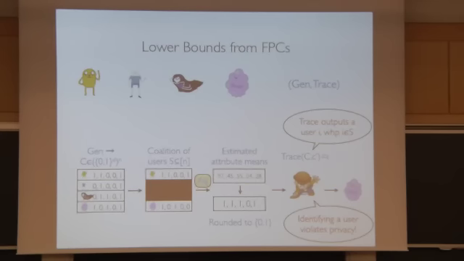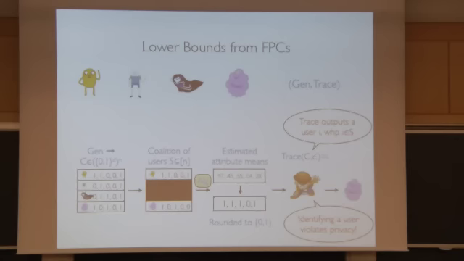So any accurate estimate of the mean should be close to 1, which means if I round it, I'll get a 1. OK, so if I take the estimated attribute means and I round them, it's going to be a valid code word for the fingerprinting code. It's going to respect the constraints for the fingerprinting code. And that means that I can apply my tracing algorithm and I can identify somebody in this data set.